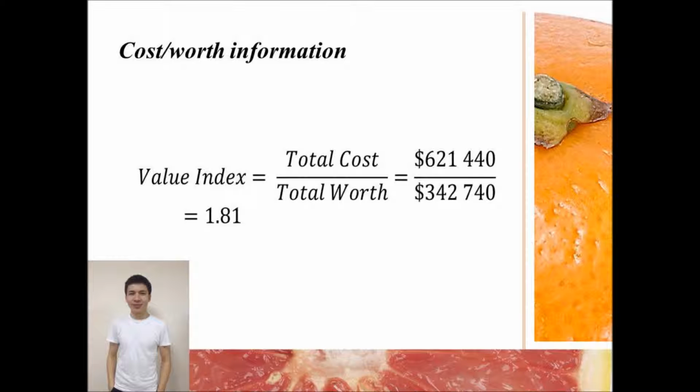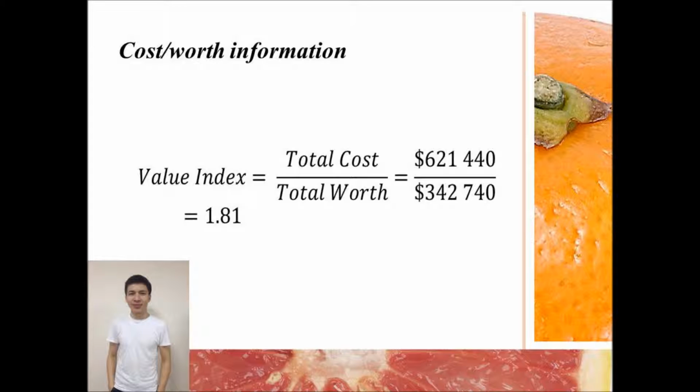The total cost of the system is $621,440. This includes all building, operational and maintenance costs, while the worth of the system is estimated as $342,740. The calculated value index is equal to 8.81.